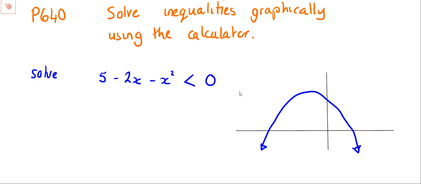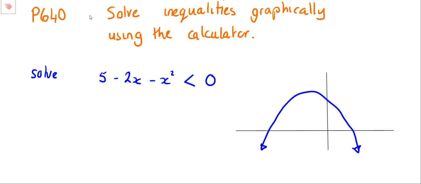Now, what we need to do is look at this graph and say, what does it mean for 5 minus 2x minus x squared to be less than 0? What does it mean on the graph? Any suggestions?